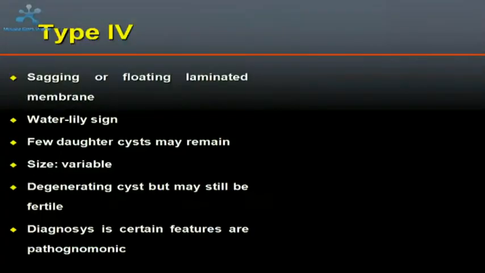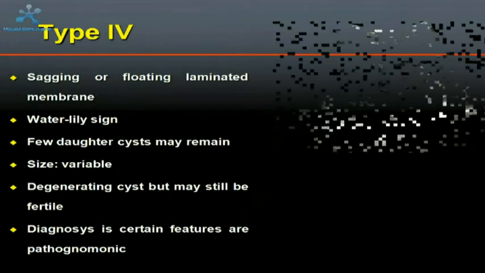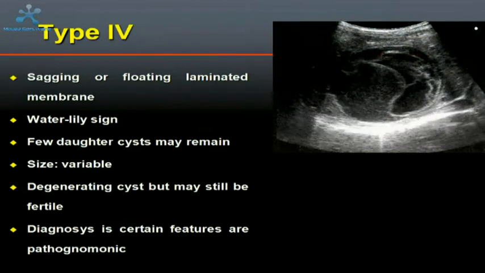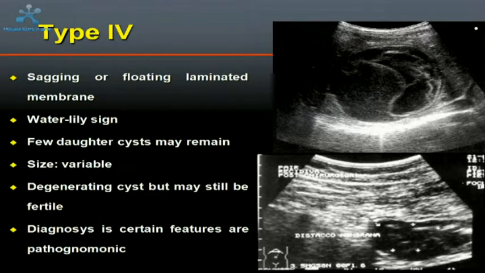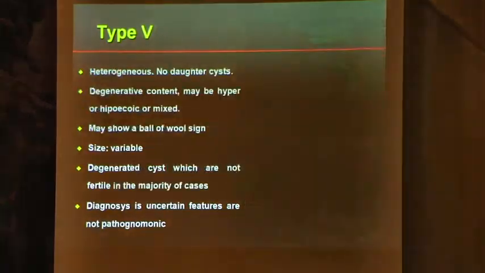Type 4 is usually a cyst in which there is an almost complete detachment of the inner membrane, with the so-called water lily sign or nymphea sign. There may be some daughter cysts, but usually they are not present. This cyst is usually not very viable.